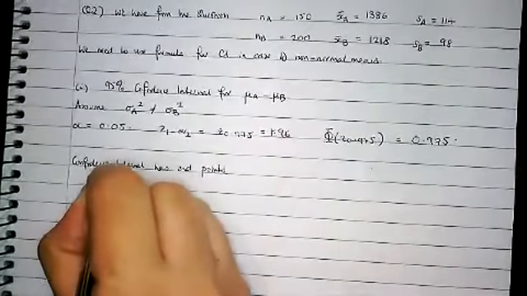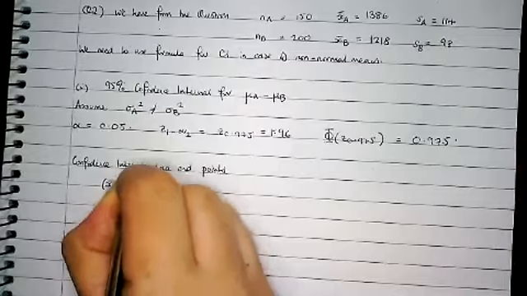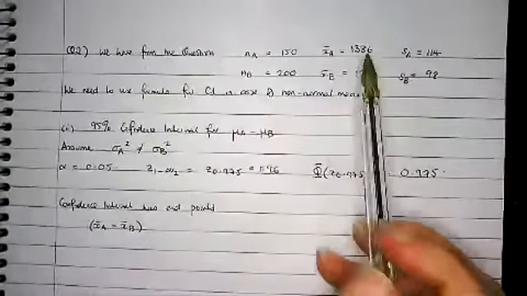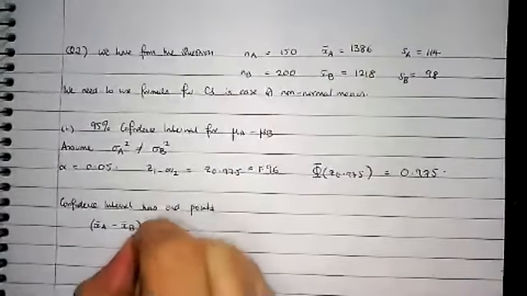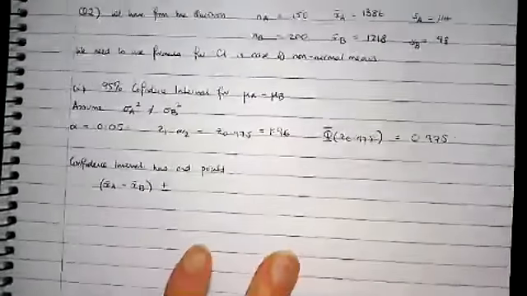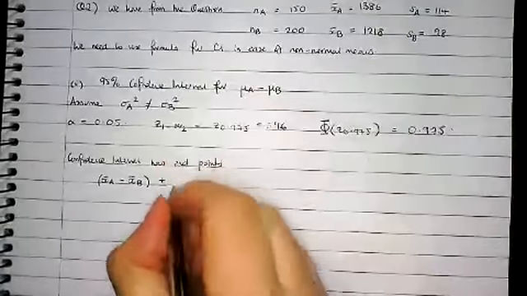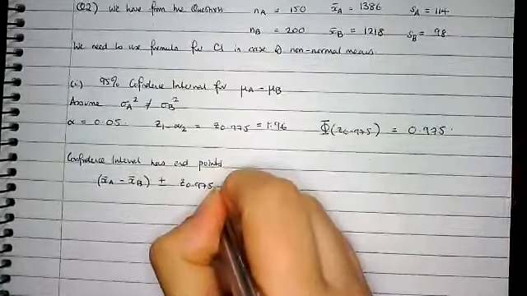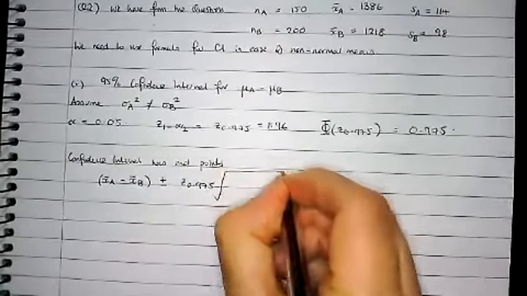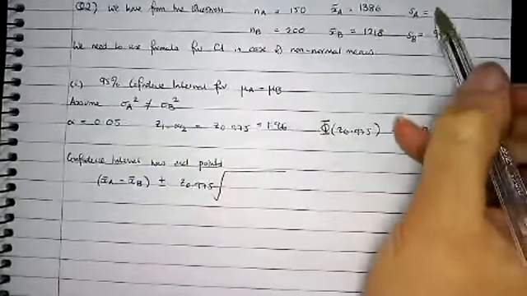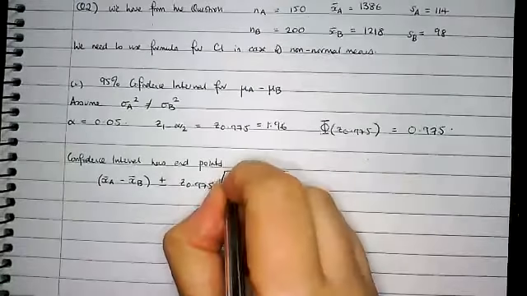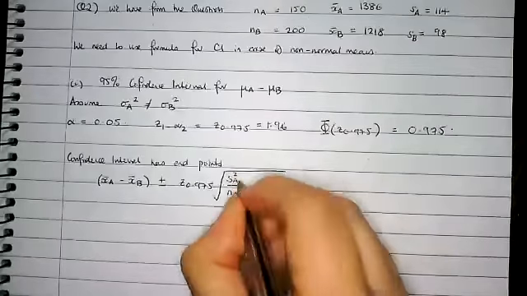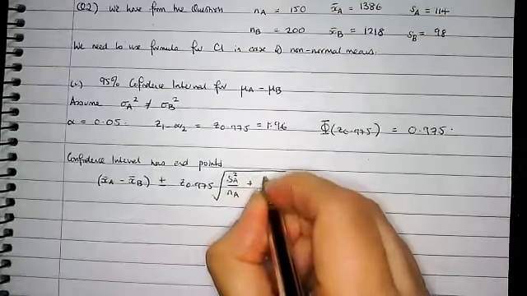So first of all, x bar A minus x bar B. So I want the middle of the confidence interval to be the difference between the two sample means, and then plus or minus z_0.975 times a square root. Inside the square root I'm going to put S_A squared, my estimate for the variance from the first sample, divided by the number of elements in the first sample, and then add on the same for the second one.